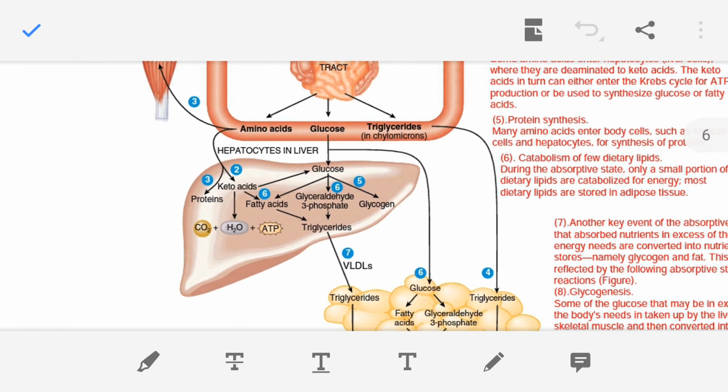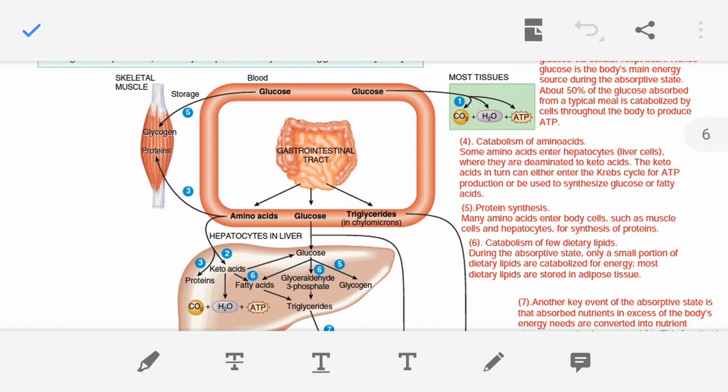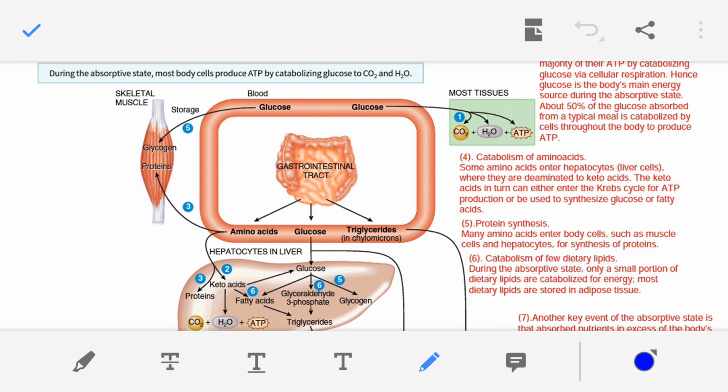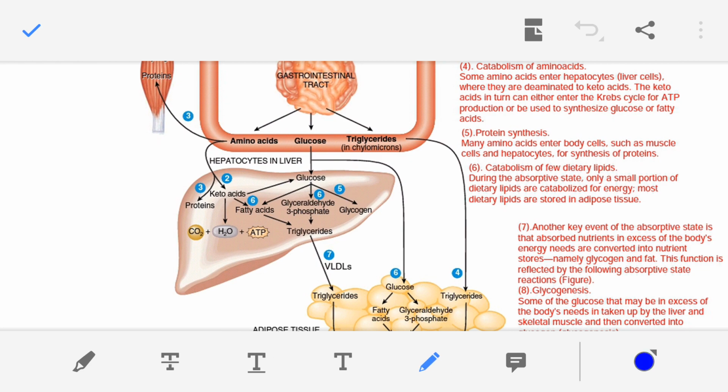This happens to glucose. Glucose is catabolized, glucose is oxidized, glucose is stored in the body cell, muscle cell, as glycogen. Then in the liver, glucose is stored in the form of glycogen, and fatty acids and triglycerides are formed. All this happens to glucose.